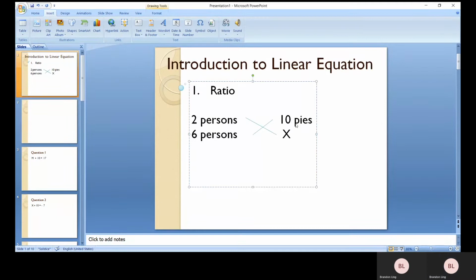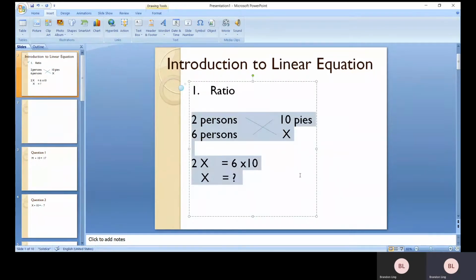So 2 times x equals 6 times 10, which is 60. So you can find the value of x. This is how we use a linear equation to solve a ratio problem.